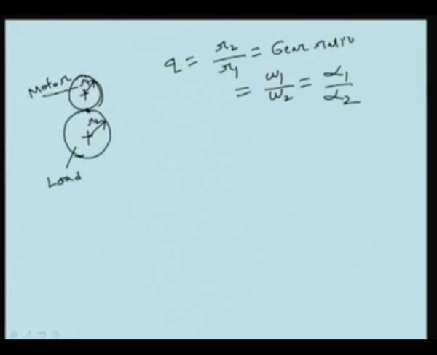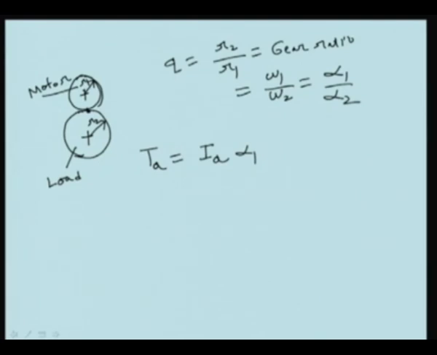Now if I indicate the torque by the motor as TA, that is basically Ia times alpha 1, where Ia is the inertia of the armature plus this gear, and alpha 1 is the angular acceleration.